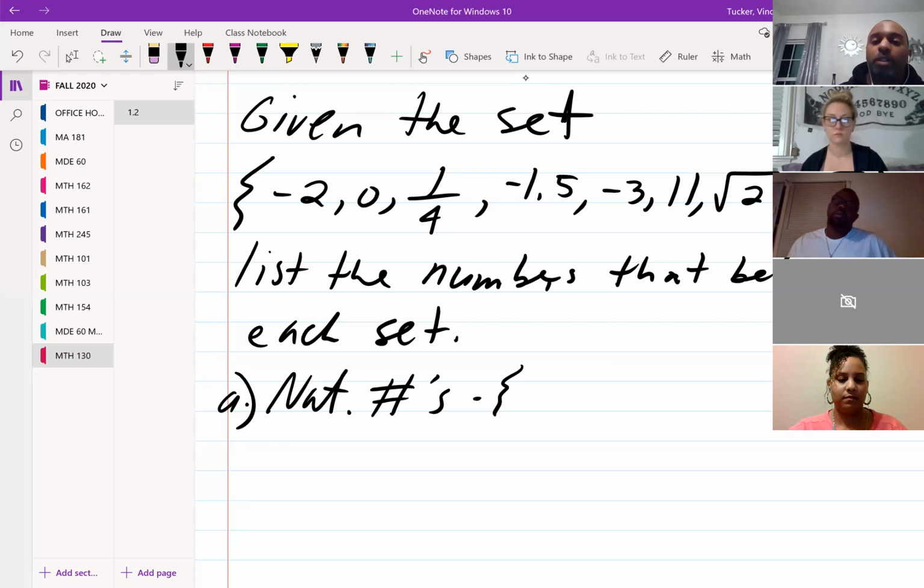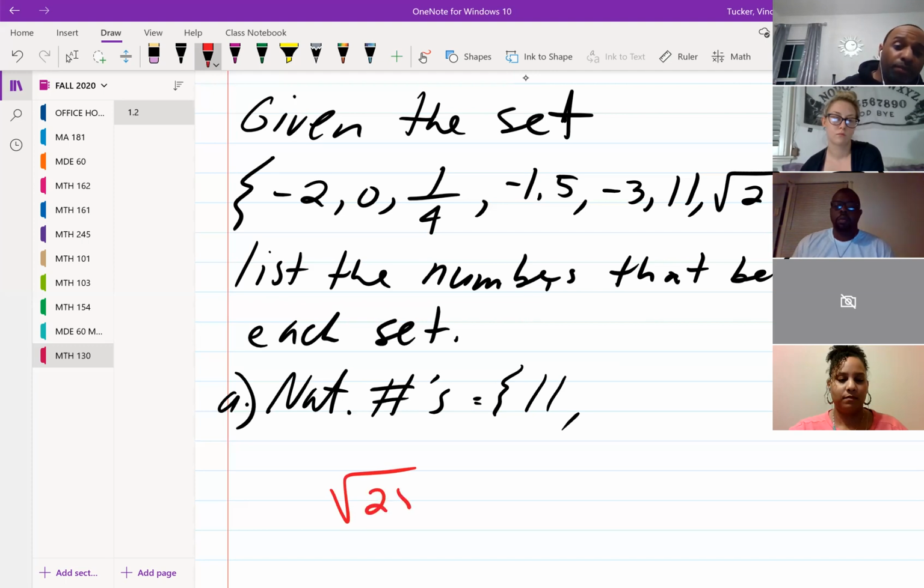So we're looking here, we see positive 11. And then also, the square root of 2, we can't take the square root of 2 evenly. When you're talking about the square root of a number, you want to know, is there a number that you multiply by itself twice that will give you the number under the radical? In other words, if I have the square root of 25, the answer is 5, because 5 times 5 is 25.